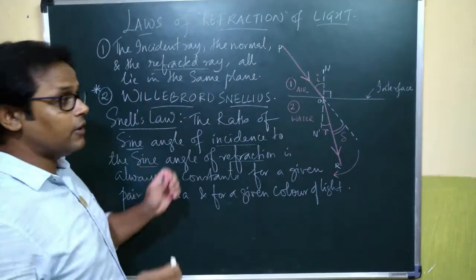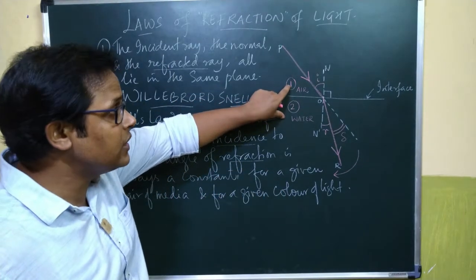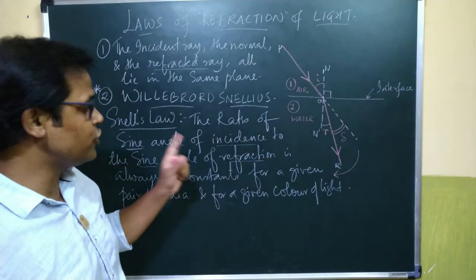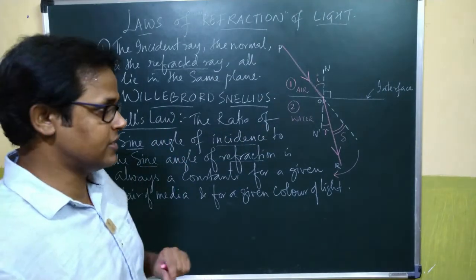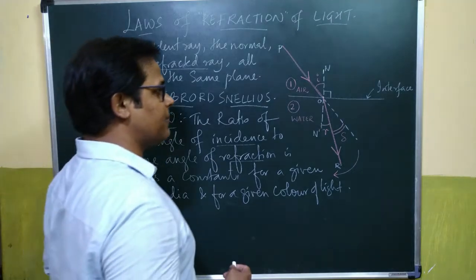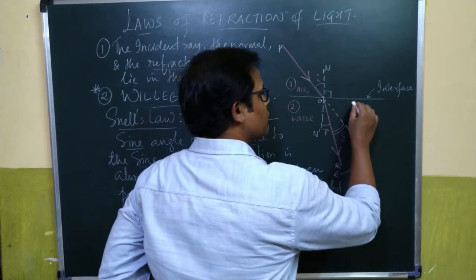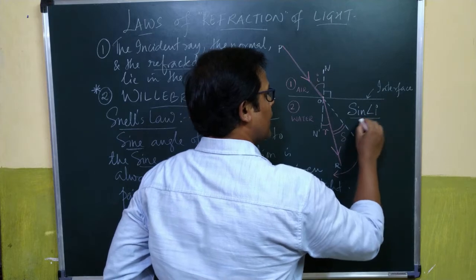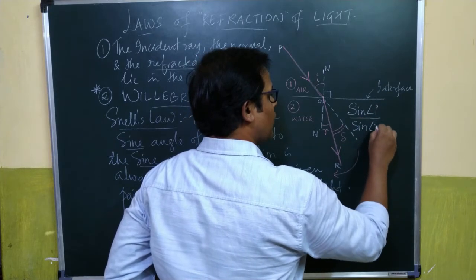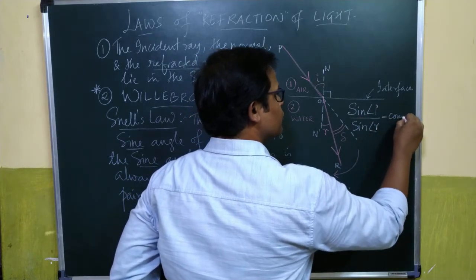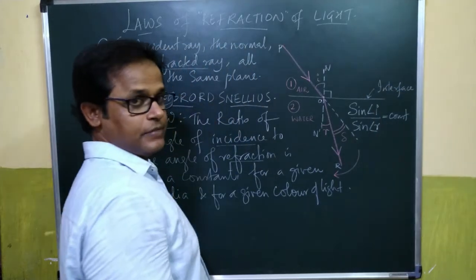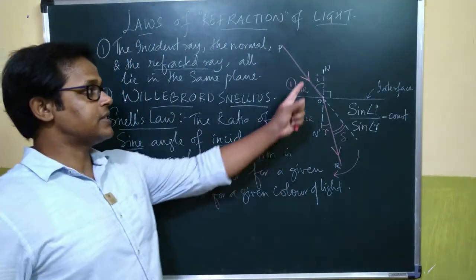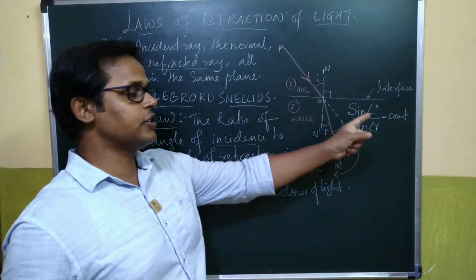For any given pair of media and color of light, the ratio is always found to be constant. Mathematically, the law sounds like this: sine of I by sine of R is equal to a constant.